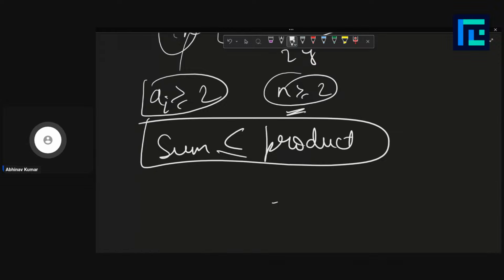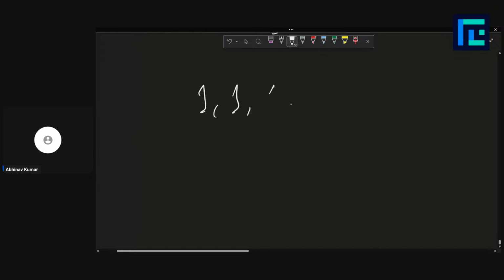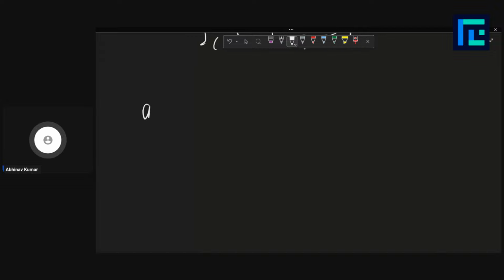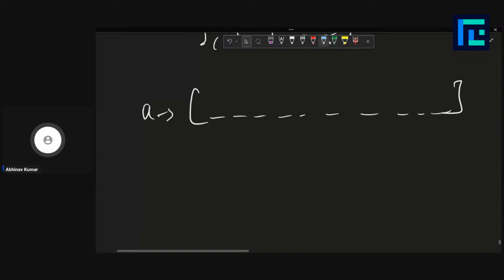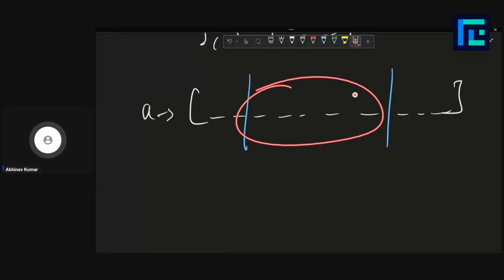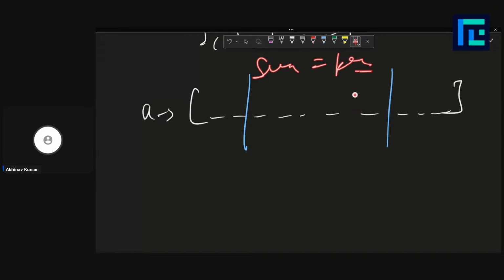we have to consider the ones as well. We have to consider the ones in between in the sequence as well. So now if you want to check in the array, if you take any subarray of this, whether this subarray has sum equal to product, or which subarray has sum equal to product, if you look at all the values greater than 1, the product of all those values would be greater than or equal to the sum.